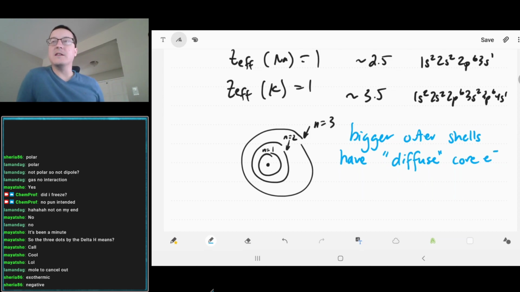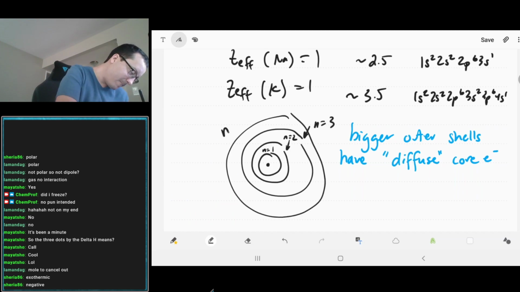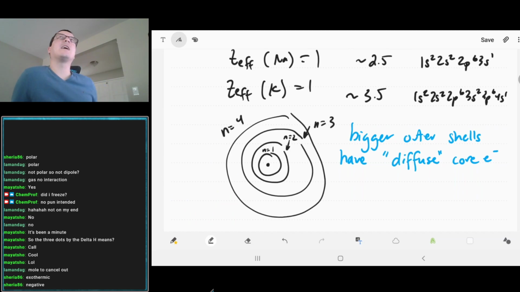So while the n equals 2 and n equals 3 shells for potassium have the same number of core electrons, the core electrons in the third shell are going to be more spread out. They're diffuse. And so the valence shell, which is the fourth one for potassium, has less chance to be blocked by the core electrons just because they're more spread out.